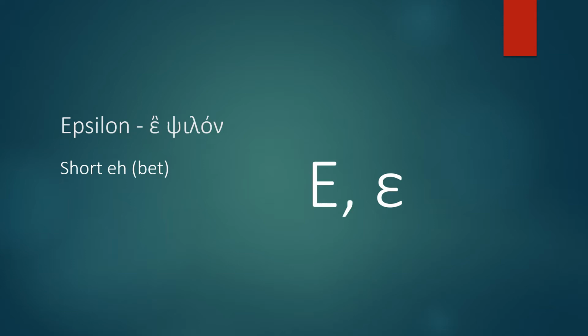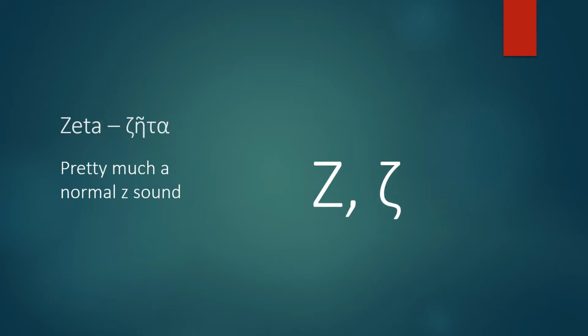So it's just the eh sound, like in bet. This is zeta, and I'm just going to say it makes the Z sound. A lot of different classicists will say, oh, it's a delta sigma sound or a DS sound, or it's actually a sigma delta sound. Just make the Z sound and we'll leave it there.